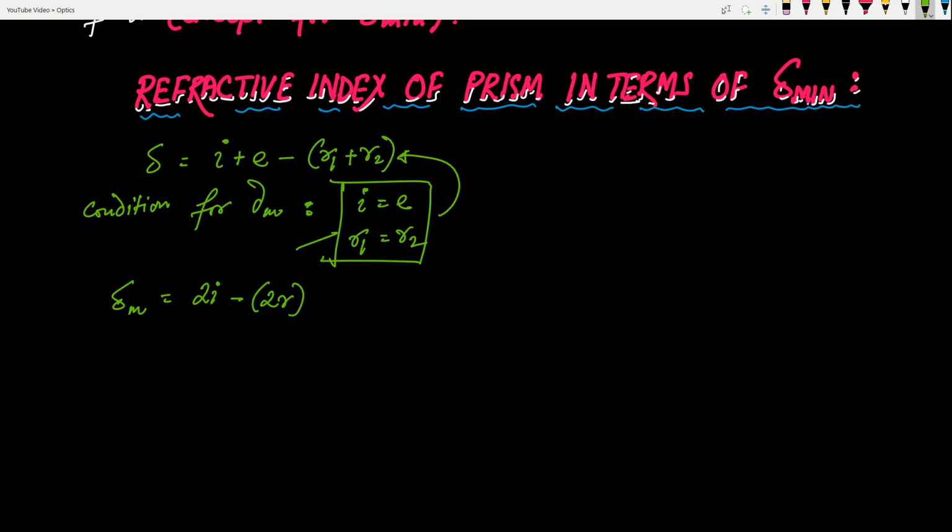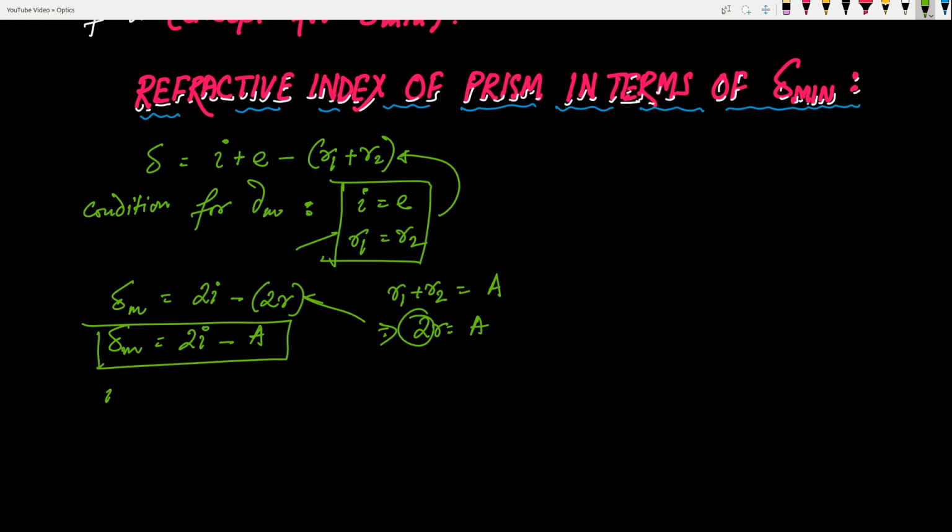We have also seen this formula, that R1 plus R2 is equal to A. Since R1 and R2 are equal in case of minimum deviation, we can say that 2R is equal to A, isn't it? If we put this value here, then we will get that delta minimum is equal to 2I minus A. From this equation we can find the angle of incidence as I equal to (delta minimum plus A) divided by 2.